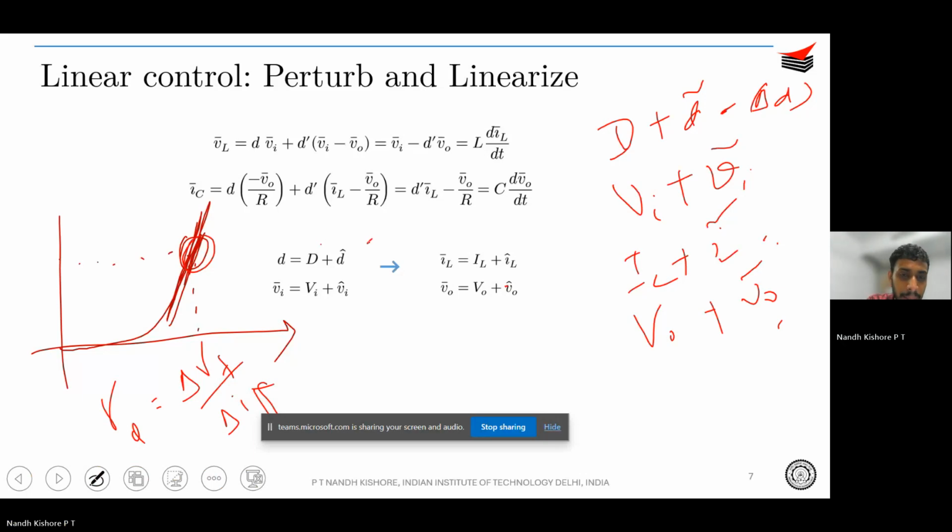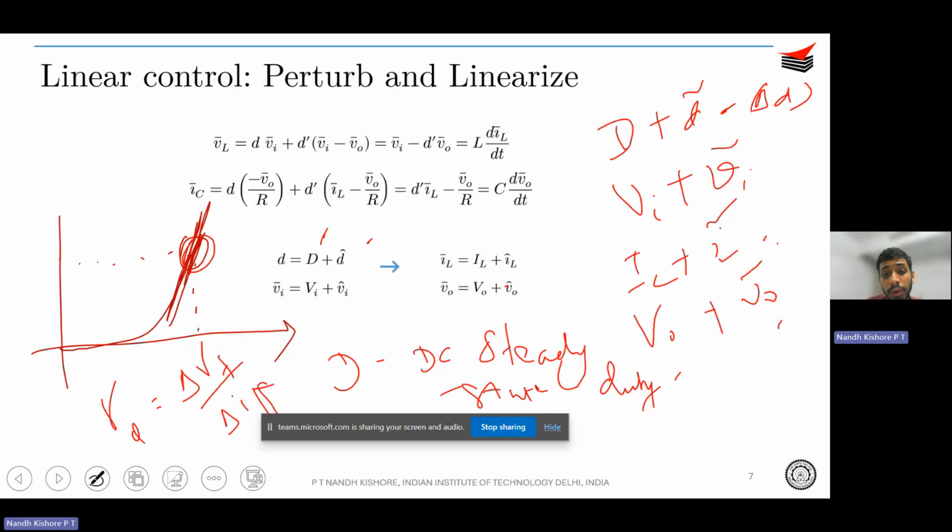That is, capital D is the DC steady state operating point, the steady state duty. Like this, V_I is the DC steady state input voltage. Then how is my inductor current going to behave and the output voltage going to behave? In these two expressions, I will replace all the input variables and the state variables with these.